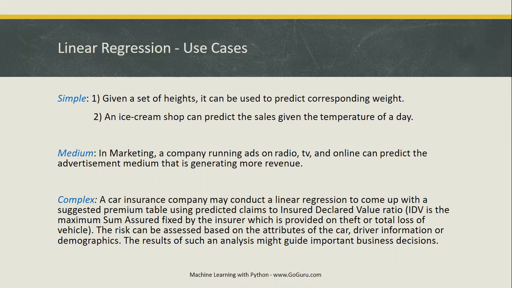So that is one use case. The second simpler one is an ice cream shop. Given the temperature, how are my sales going to look for today? Or they can do it for the beginning of the summer versus the end of the summer, typically to predict sales.